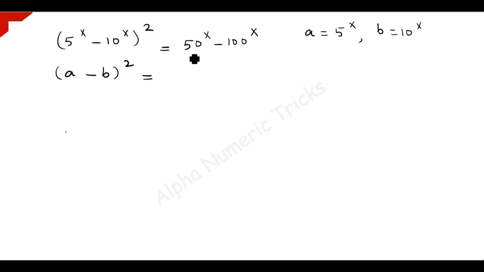The whole squared is equal to 50 can be written as (5 times 10) the whole to the power x, minus 100 can be written as (10 times 10) the whole to the power x.